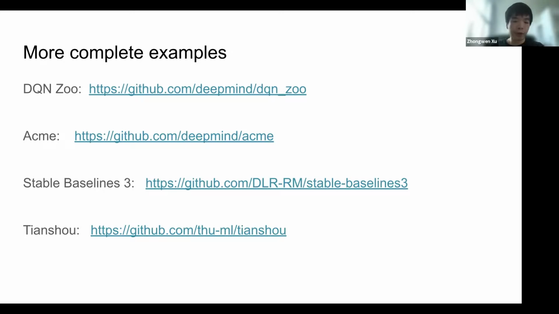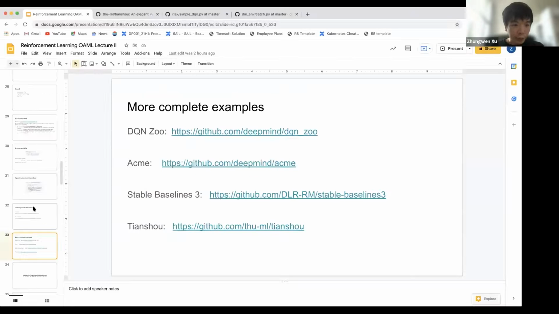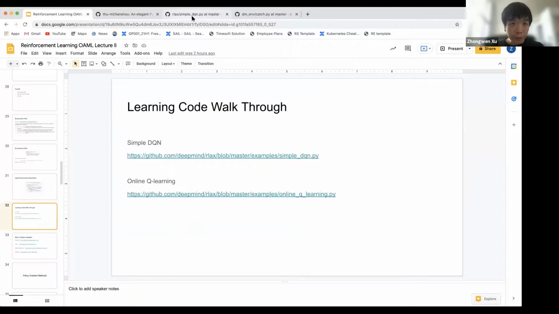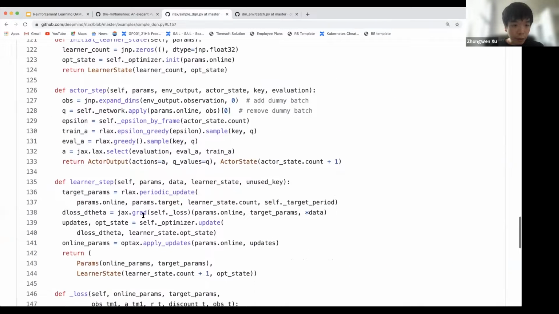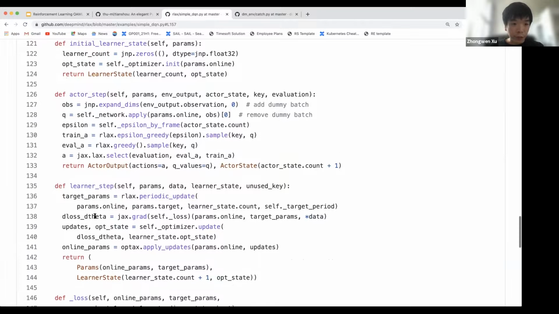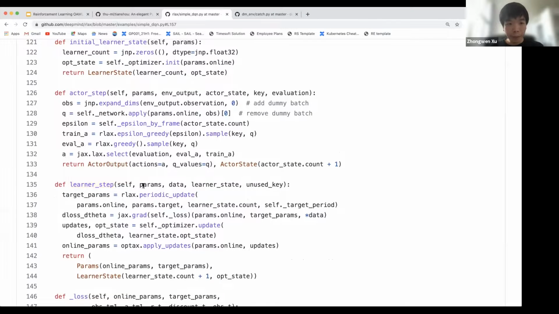So in the update function, as we just showed in the simple DQN case, for example in the learner step, it takes the parameters as input. Also, it outputs the parameters. So it's functional and stateless. Oh, I see.